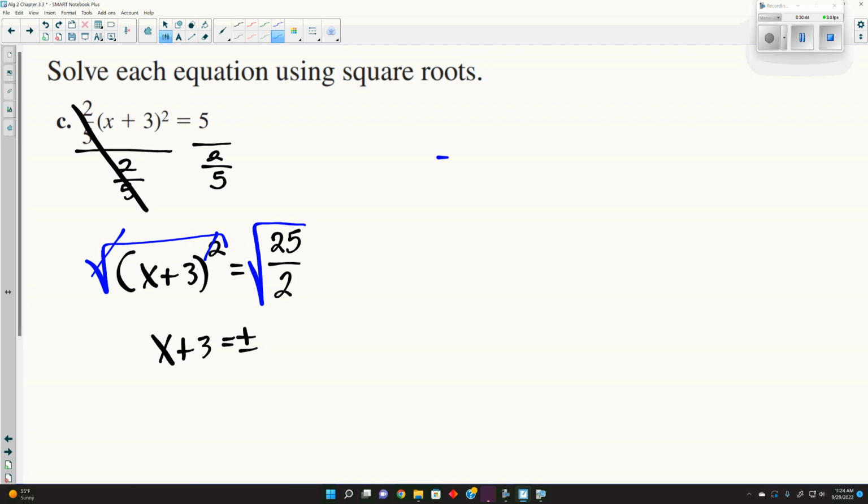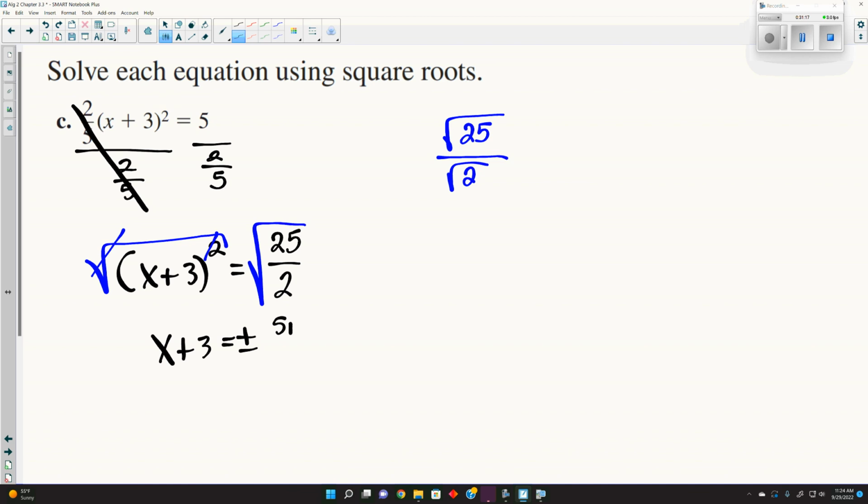Now, in the yellow calculator, to solve this, we're going to break this up as the square root of 25 over the square root of 2. So for these here, it asks for us to break it up.